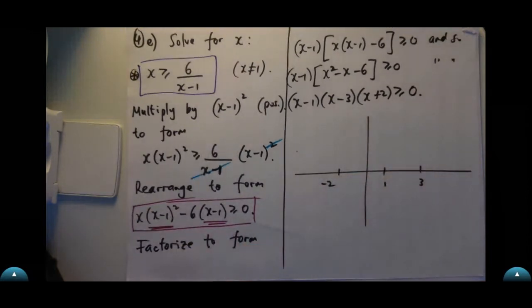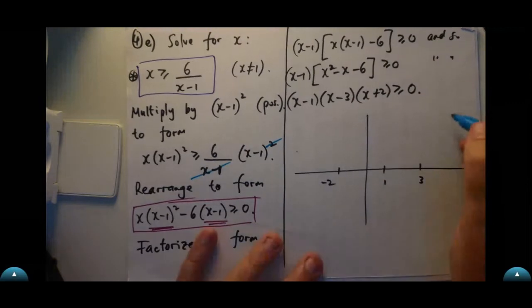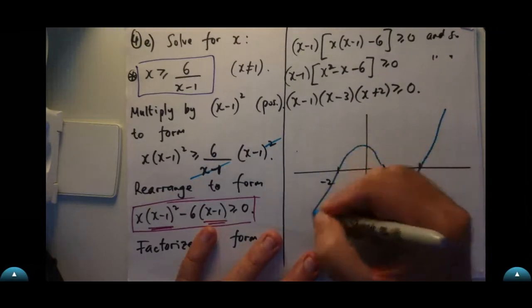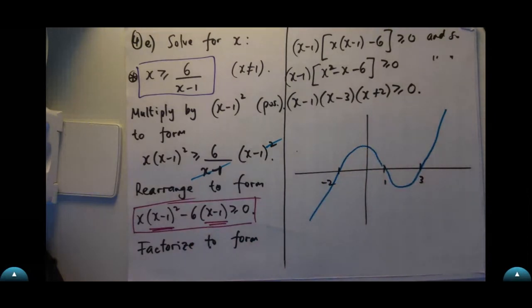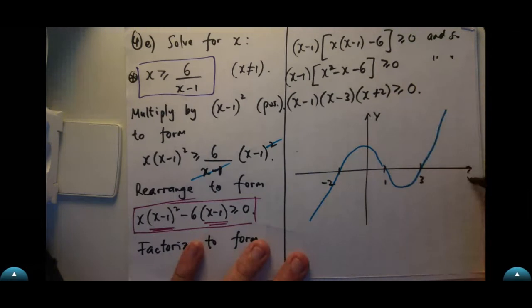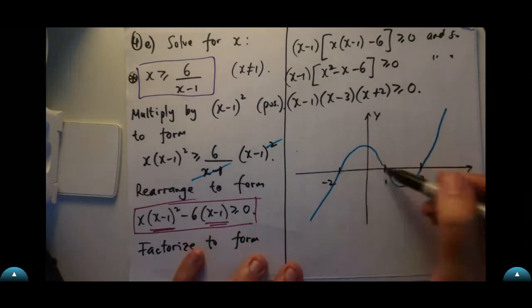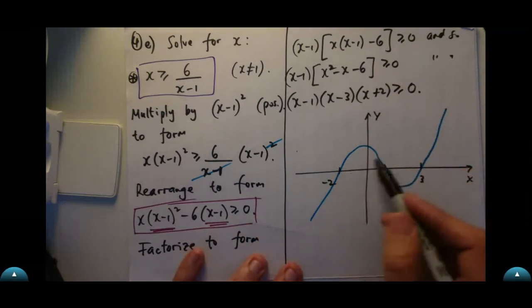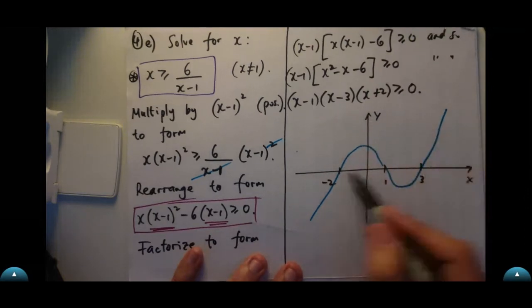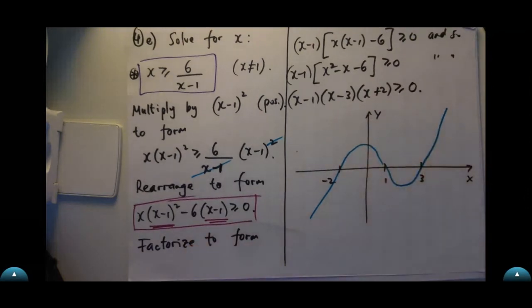Okay. And so it's going to look something like this. Something like that. And so the question now is, well, what x points make sure the graph is above the x-axis, or above or on the x-axis?